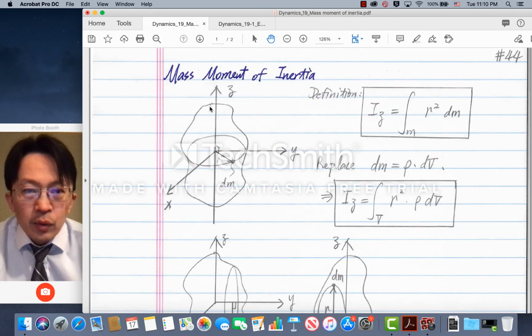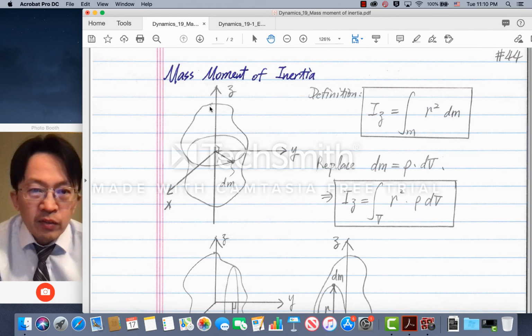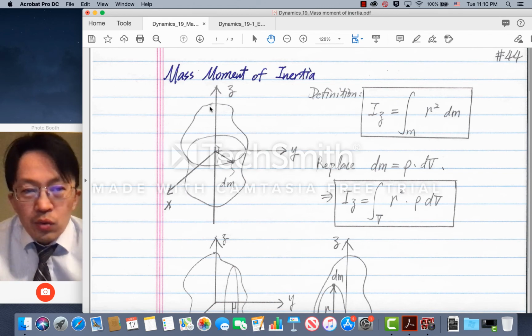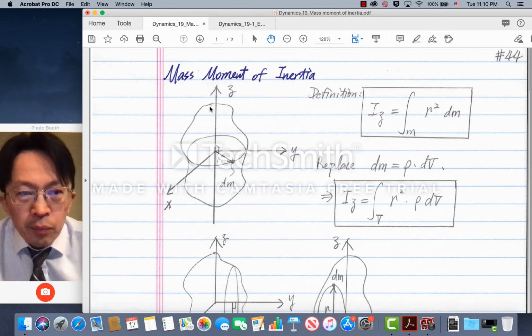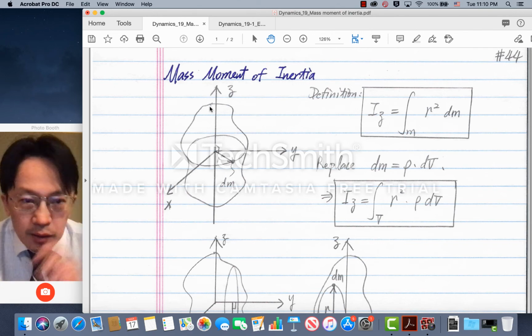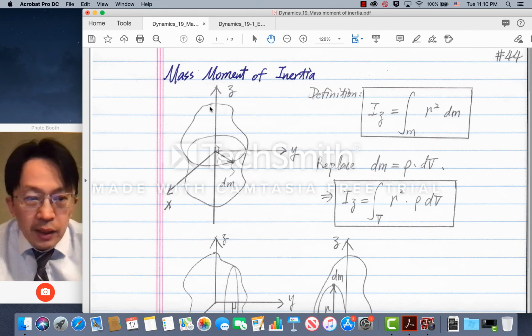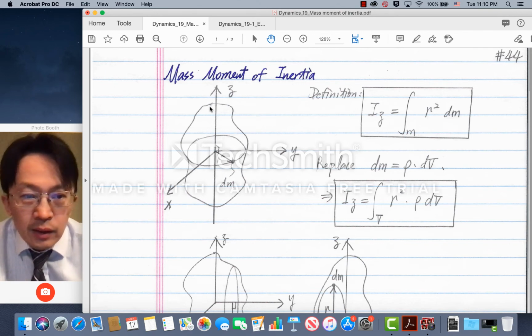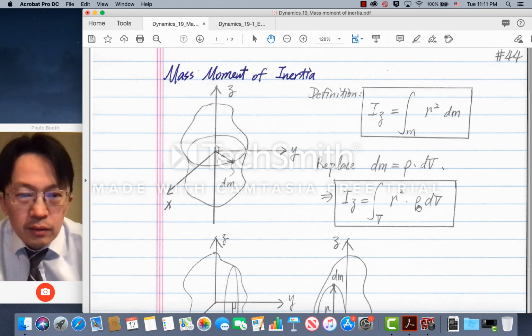So let's summarize what we have learned today. We start by introducing the definition of mass moment of inertia, which equals the second moment of volume times the constant mass density. If mass density is not constant, then this integral will have to be divided into the summation of several integrals, depending on the value of mass density.